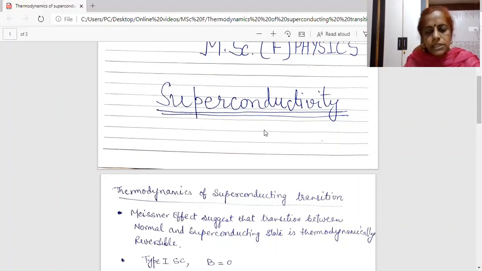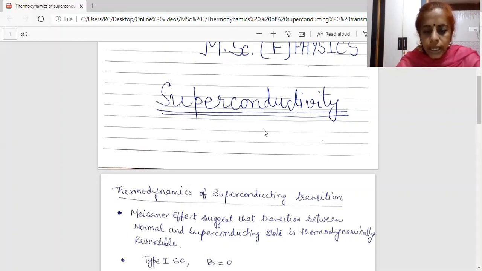Meissner showed that this transition is reversible. That means a normal state can be converted to a superconducting state, and similarly a superconducting state can be converted into a normal state. Thus, we can apply the same type of thermodynamics as we use in liquid-vapor phase transition. So here I am using the same thermodynamics for our superconducting state.